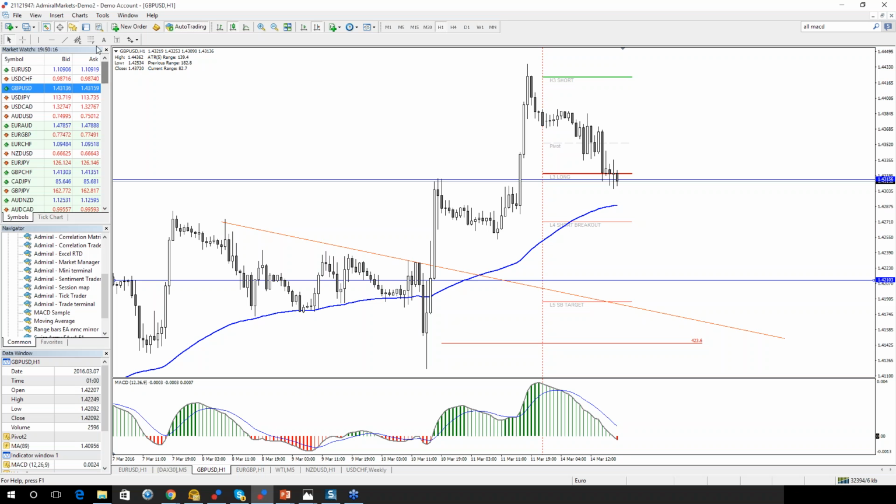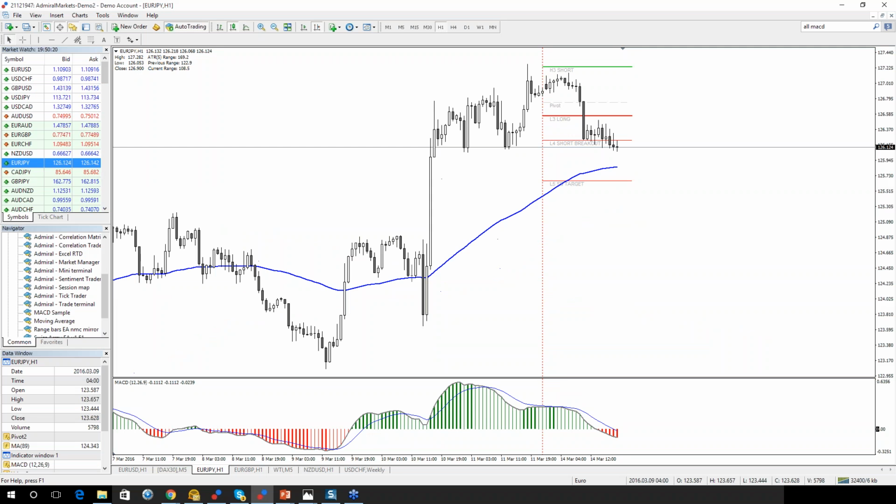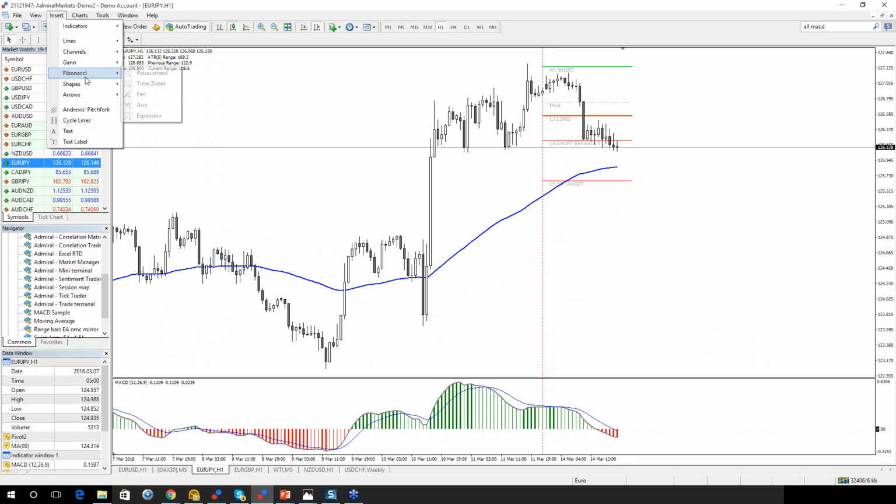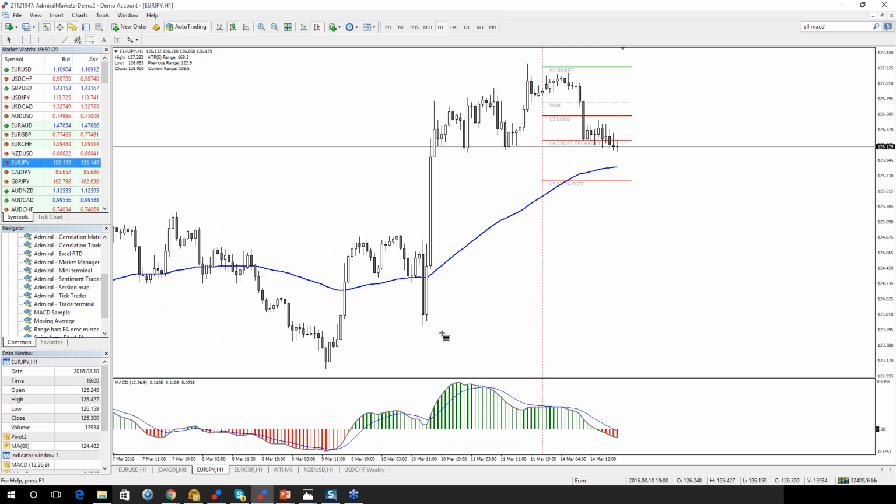Euro yen, any opinion? Again, same as euro dollar, following almost the exact same pattern.